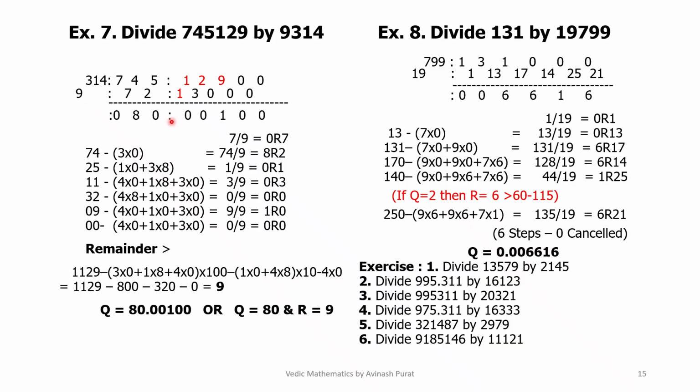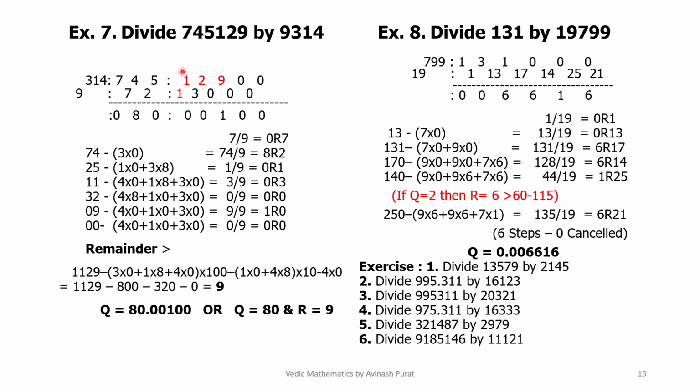So 7 divided by 9 is 0 and the remainder is 7. 74 minus 3 into 0 equal to 74 divided by 9, that is 8, and remainder 2. So 25 is the next dividend, minus 1 into 0 plus 3 into 8, that is 1, divided by 9, that is equal to 0 quotient and the remainder is 1.